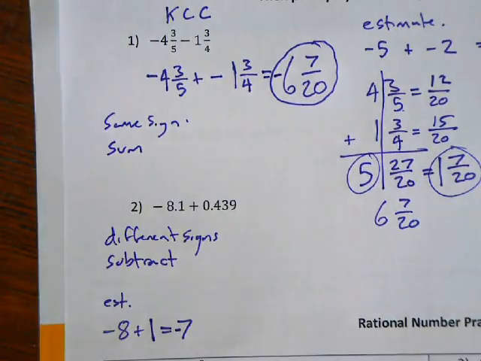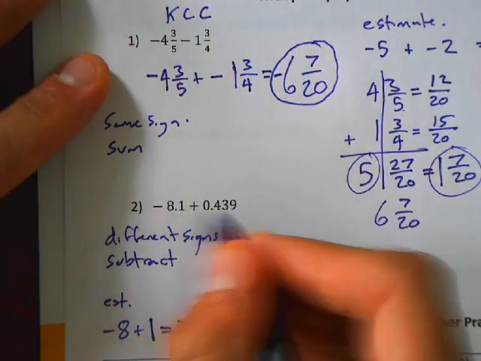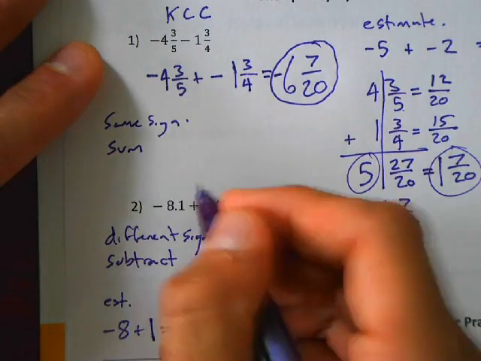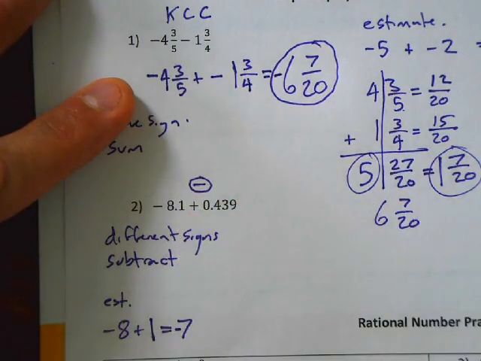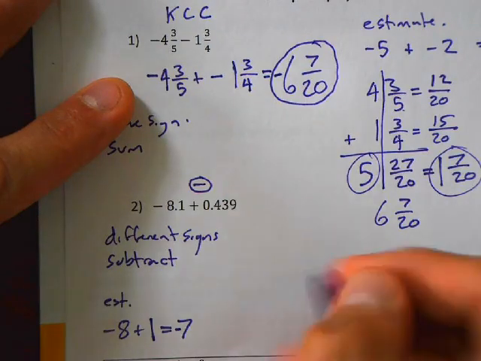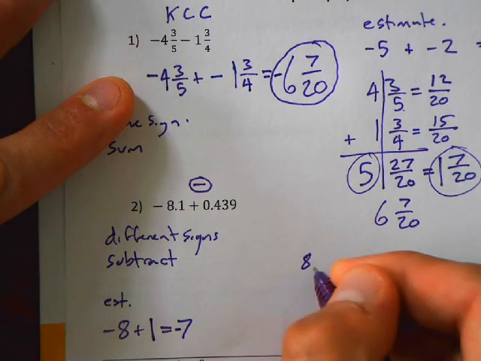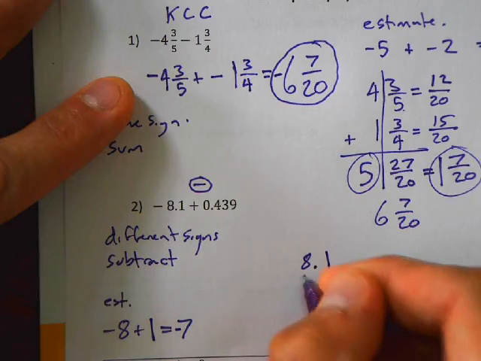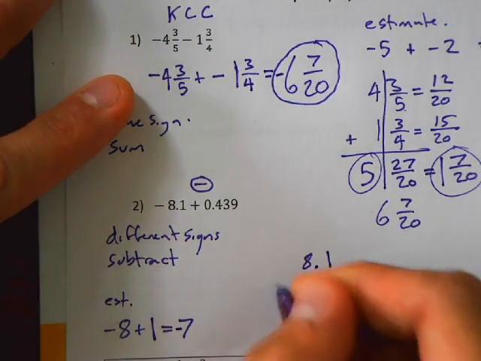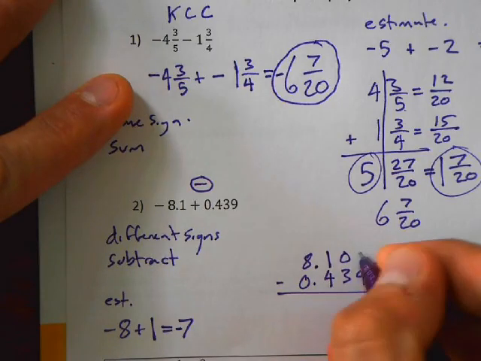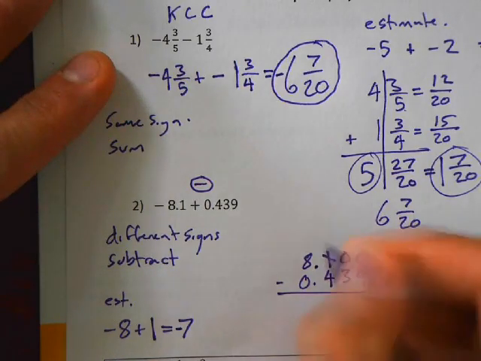We'll see. Okay, so I know I need to subtract these two. I know it's going to be a negative because 8.1 has a larger absolute value. So now all that's left is for me to set up the subtraction. I line up the decimals. Add some placeholder zeros in. Ooh, and I have to regroup.